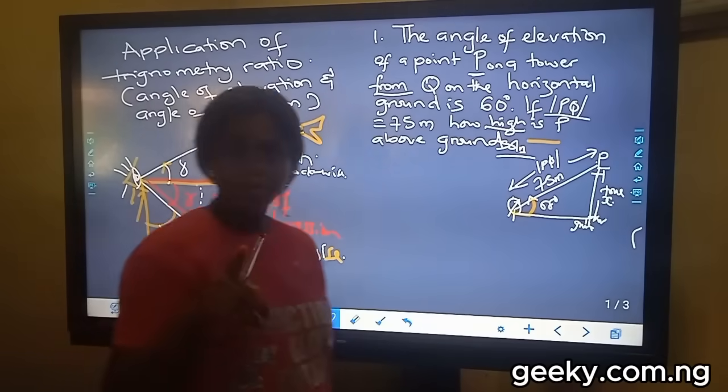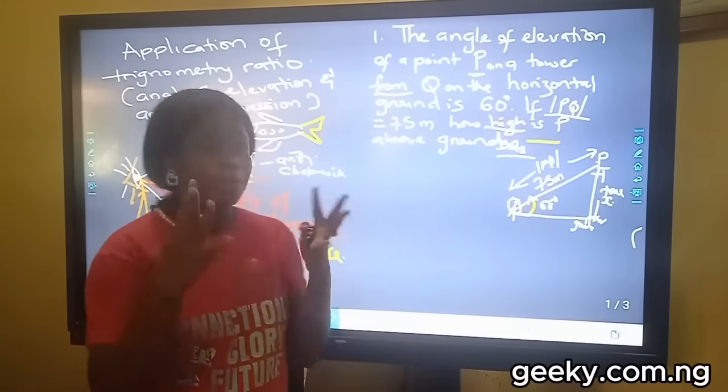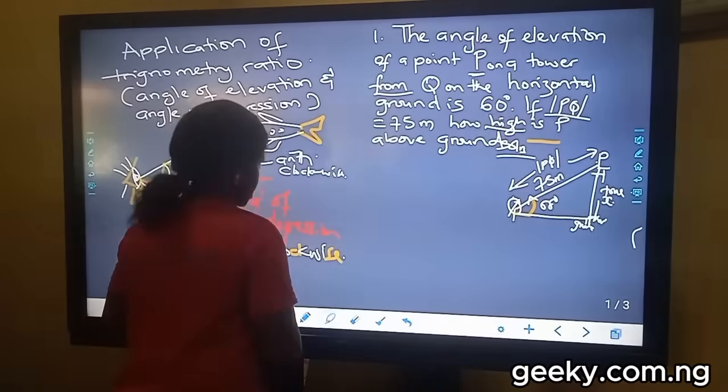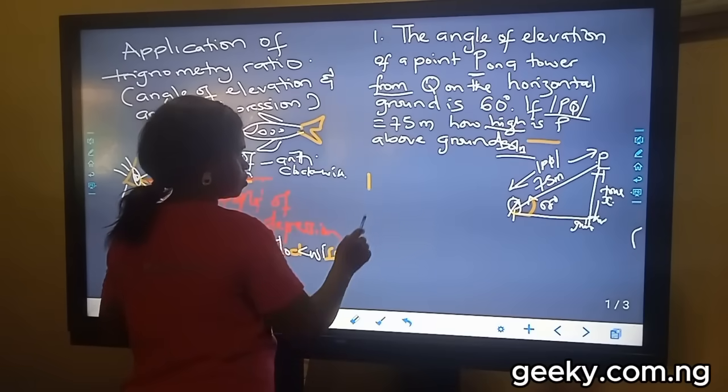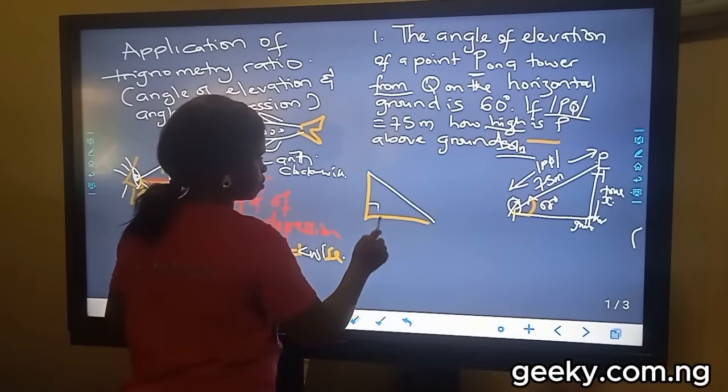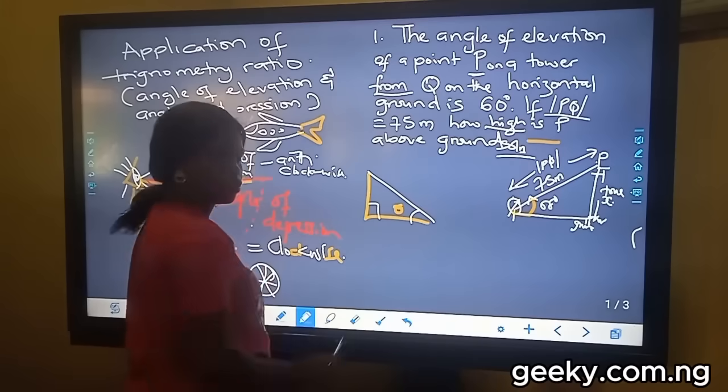So now I'm going to try to redraw this diagram so that we can have an understanding of what it looks like. So we have it to be like this.